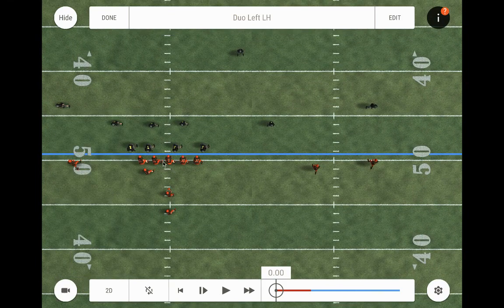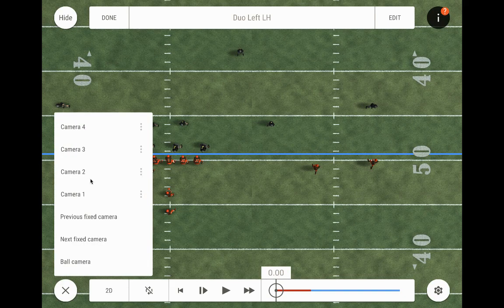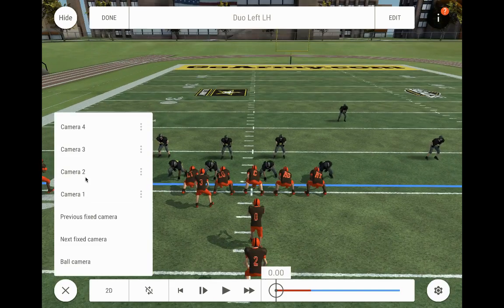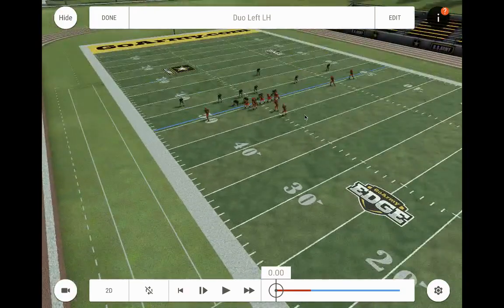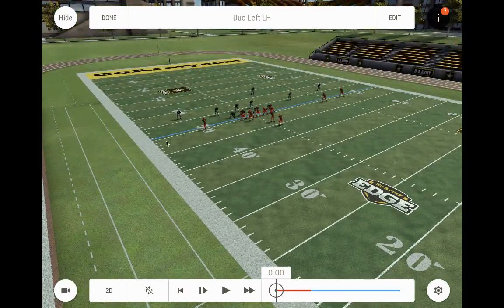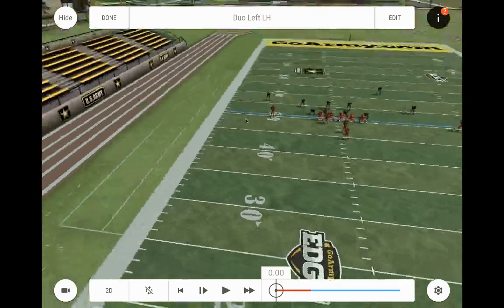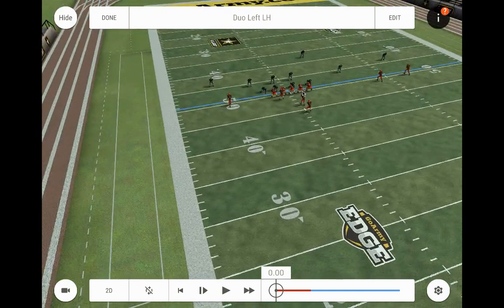You notice that one half of the field is like twice as big as the other side of the field. This one side of the field is twice as big as this side. So our two receiver side is always going to be the big side. The two receivers are going to go over there.